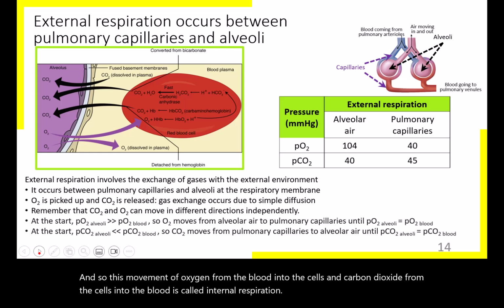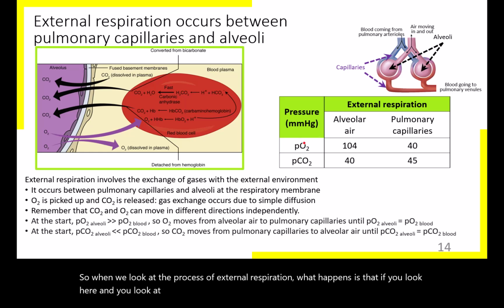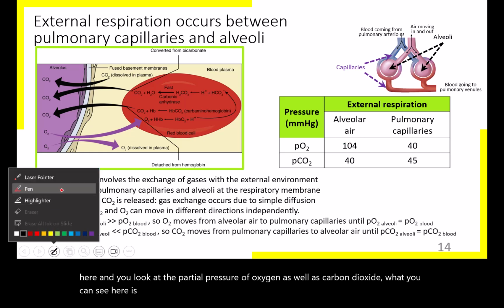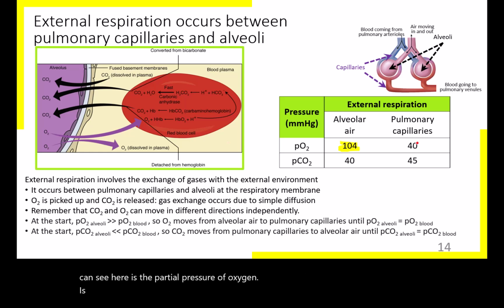So when we look at the process of external respiration, if you look here at the partial pressure of oxygen as well as carbon dioxide, you can see the partial pressure of oxygen is higher in the alveolar air compared to the pulmonary capillaries.